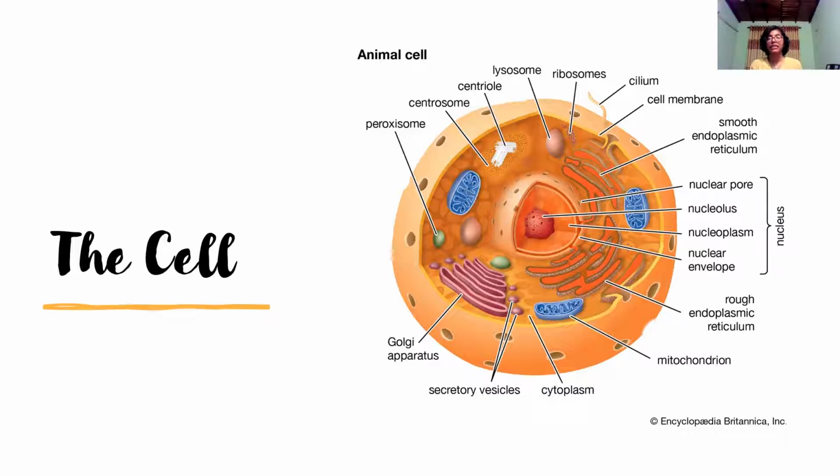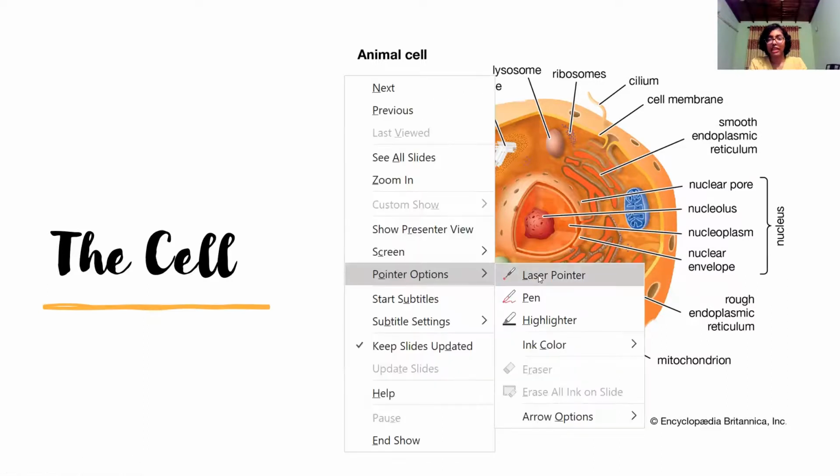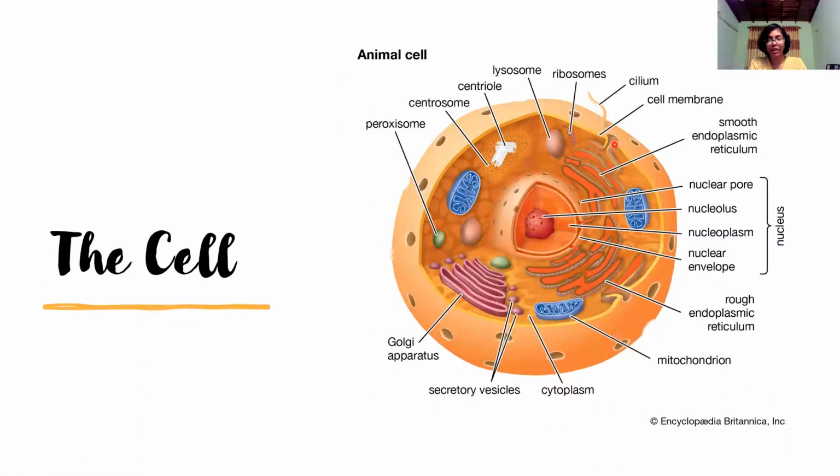So what is there in this cell? What are the internal organelles we can find in these cells? Usually we have an idea that the cell is a 3D structure which is kind of spherical. Here you can see a spherical cell. But is that true?